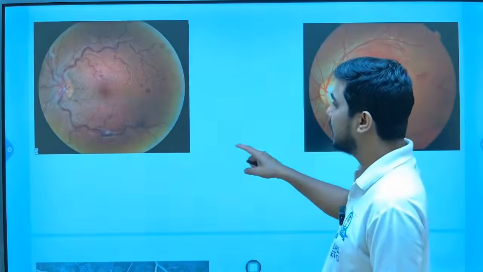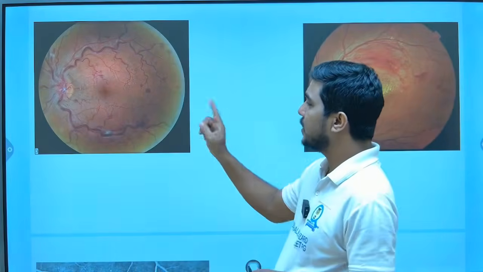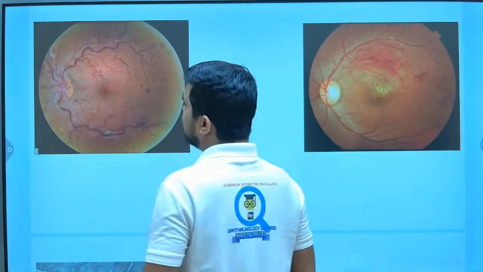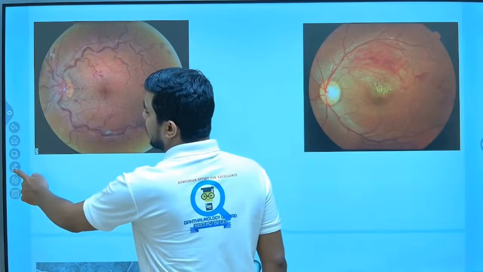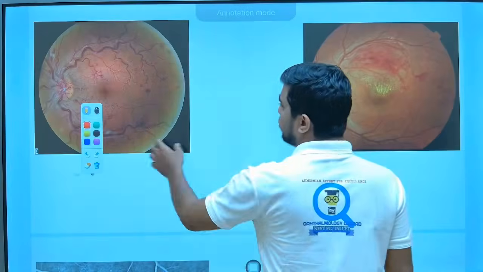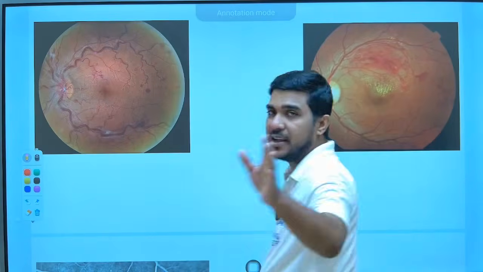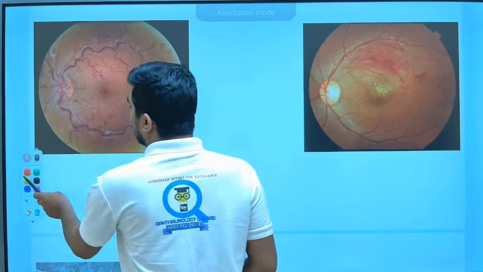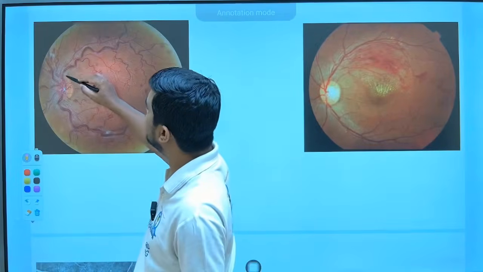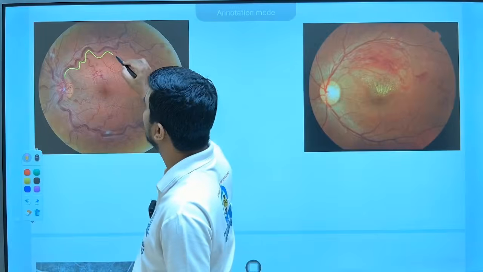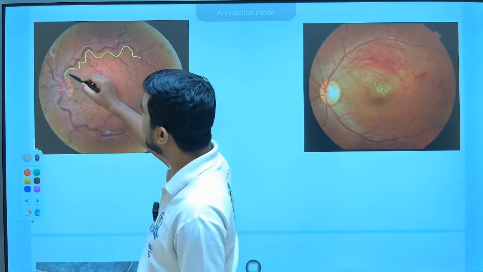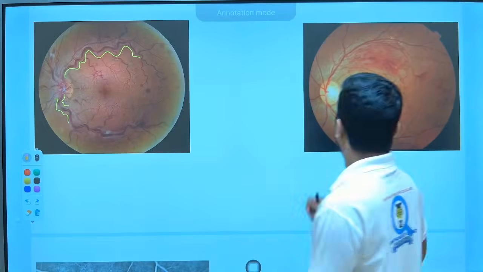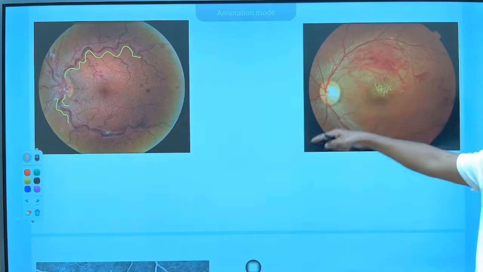Now coming to this picture, can you tell what this is? I am telling you what you can see here. Just observe. There is nothing random in ophthalmology. Everything has a sign. You see, these blood vessels have become tortuous, and the thickness of the blood vessels is so much thickened compared with these blood vessels.